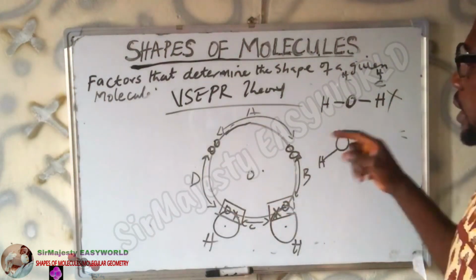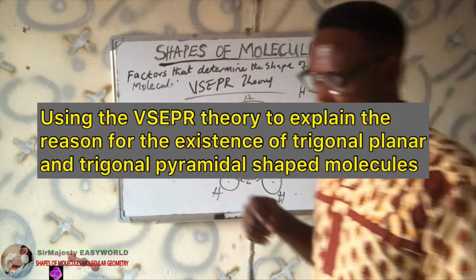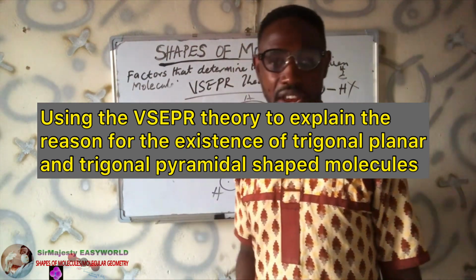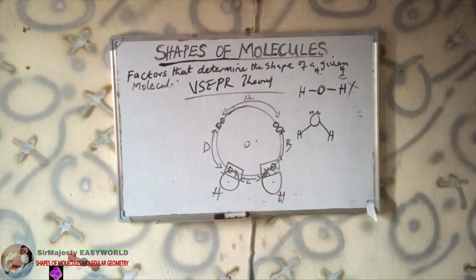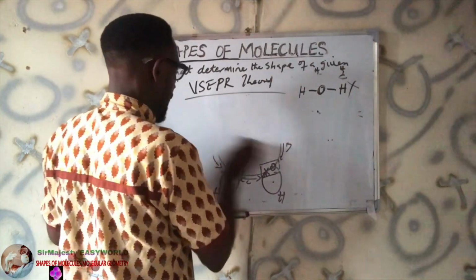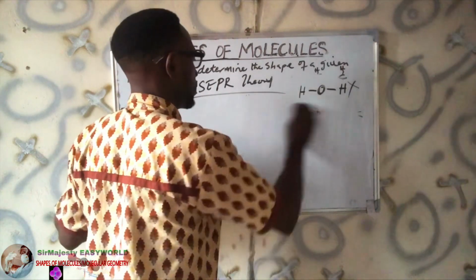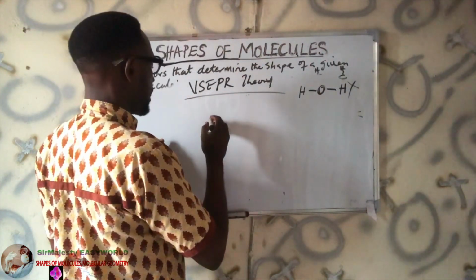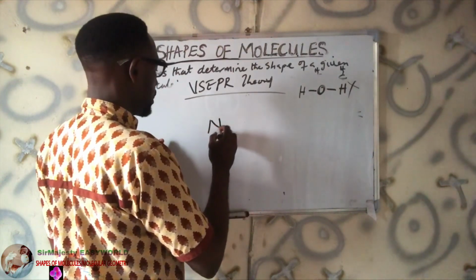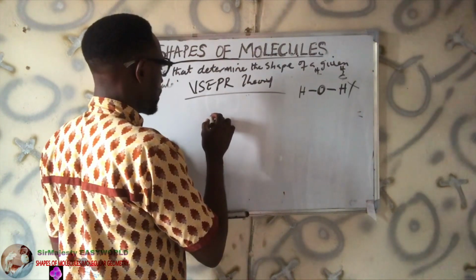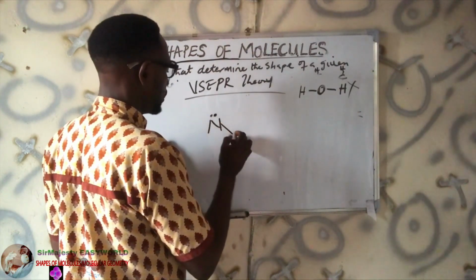So let's now differentiate between the so-called trigonal pyramidal and trigonal planar using the VSEPR theory. In this case, we have boron fluoride and ammonia. Normal ammonia will have 1 lone pair.